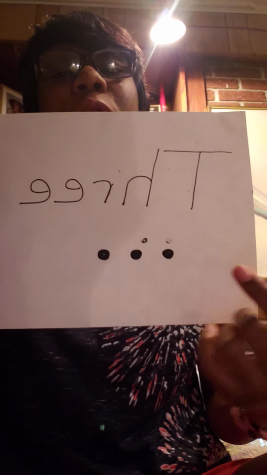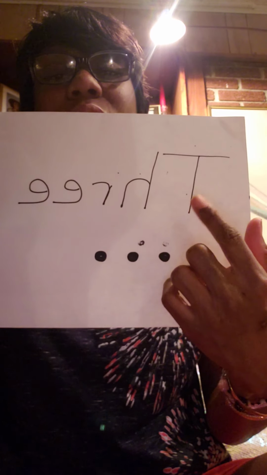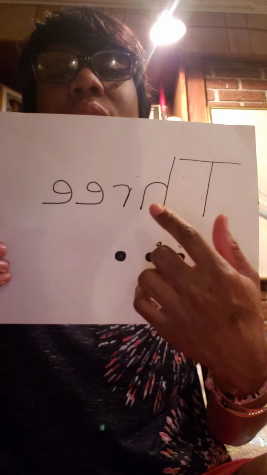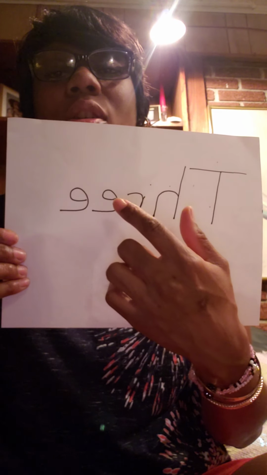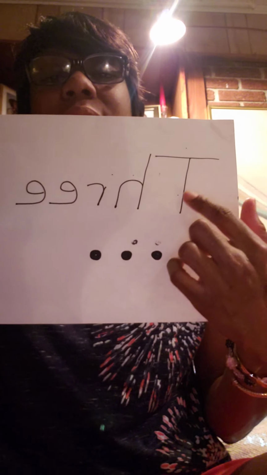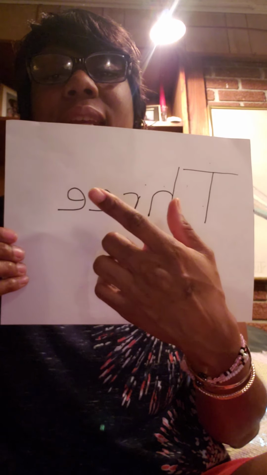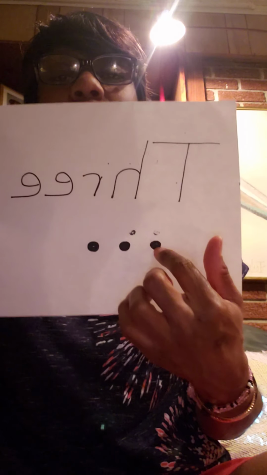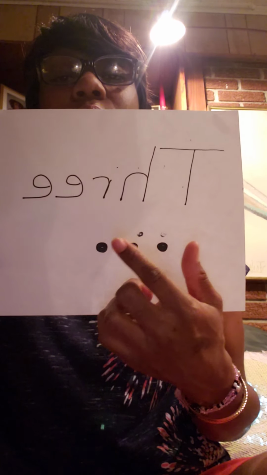This is how the number 3 is written. 3 starts with the capital T, lowercase h, lowercase r, lowercase e, lowercase e. Capital T, lowercase h, lowercase r, lowercase e, lowercase e. Okay, we're going to count 3 dots. 1, 2, 3.